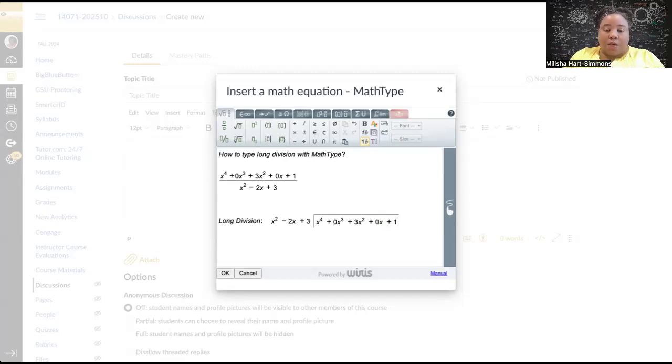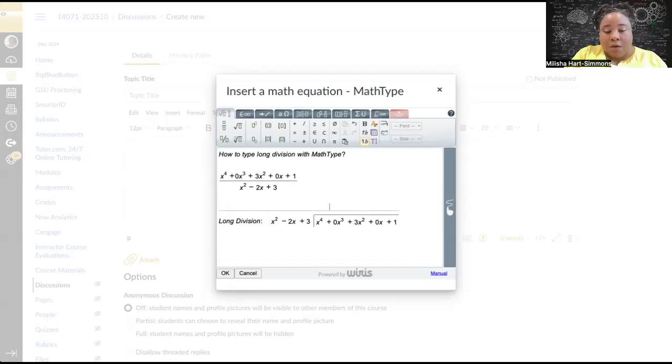So now it's time to try to divide this, okay? So when we divide this, we know to divide the leading term of your dividend by the leading term of your divisor, okay? So our quotient would go on top. So what we can do is we can move the cursor above.